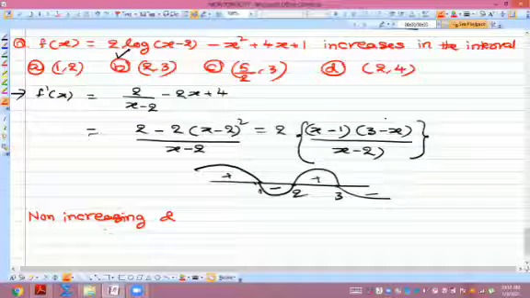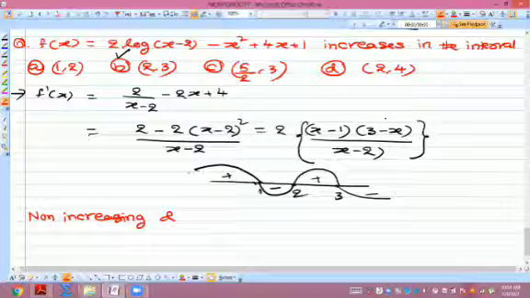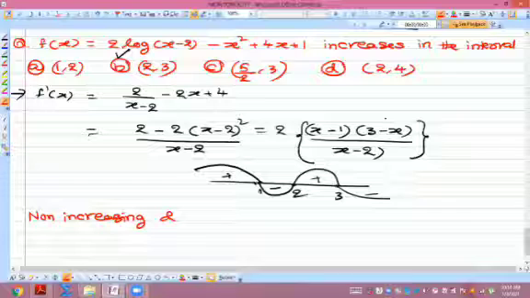So can you consider closed 3? Closed 3, it is becoming 0. Actually, in this question, if 2 to 3 is given, at 3 the value is becoming 0. So you should not consider f dash of x equal to 0 for positive values.